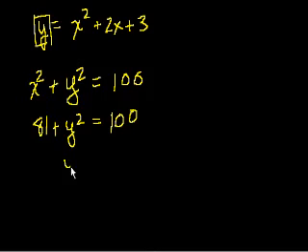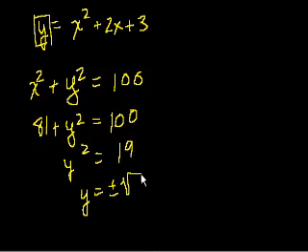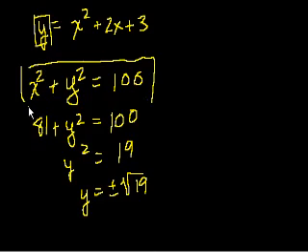You would subtract that from 100, and you get y squared is equal to 19. I don't know if these numbers are weird. And then you get y is equal to plus or minus the square root of 19. So you still could solve for y, but this equation defined y implicitly.